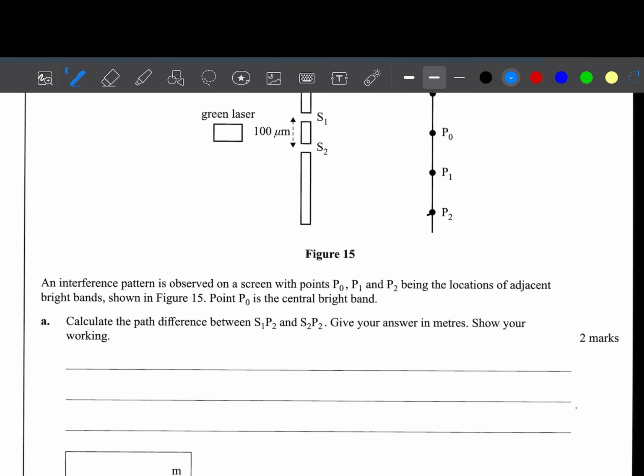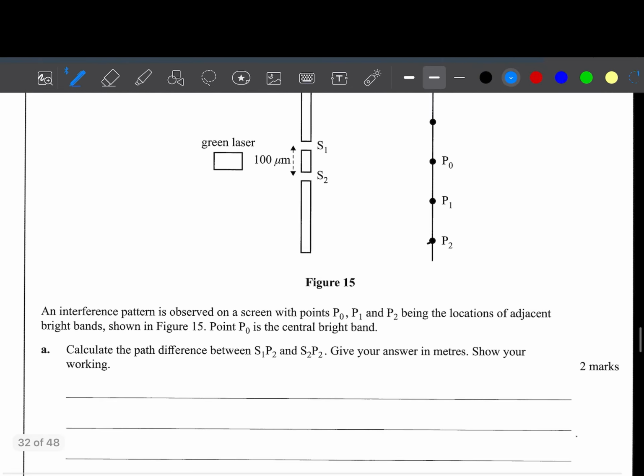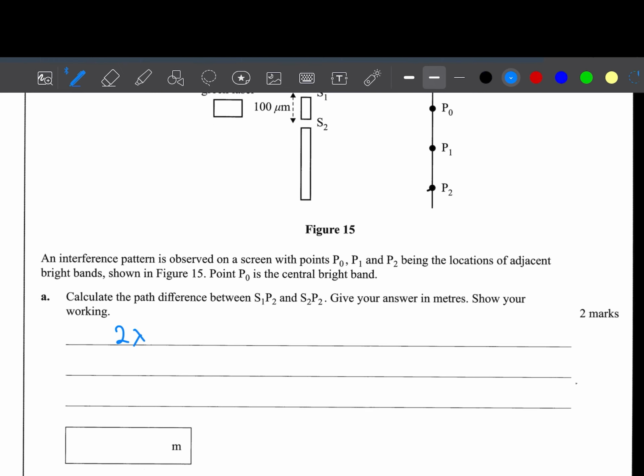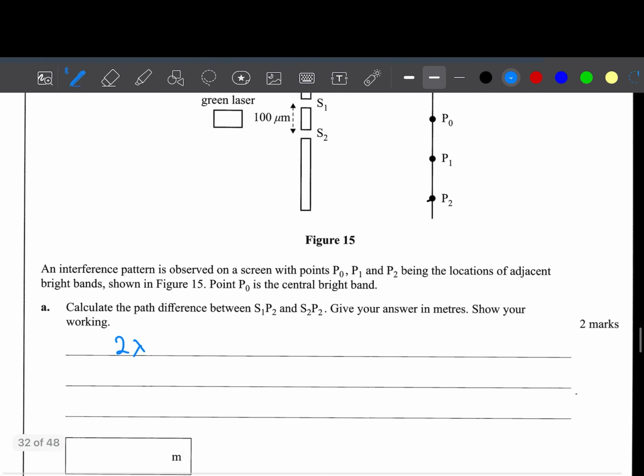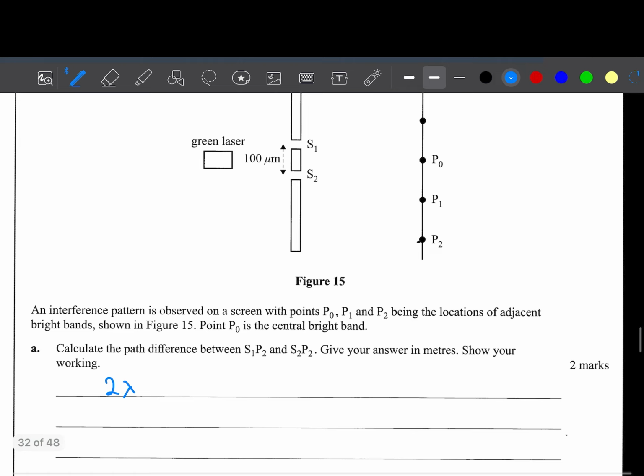Calculate the path difference between S1P2 and S2P2. Wouldn't it just be n lambda? So it would be 2 times the wavelength, right? Because 1 and 2, yes.